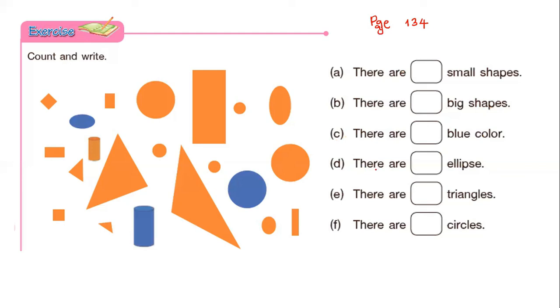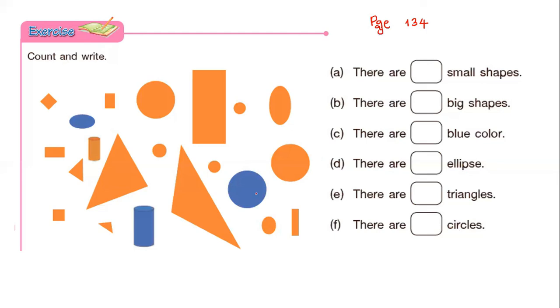D. There are ellipses. How many ellipses can you see? How many triangles can you see? How many circles can you see? Please count and write. So I believe this is okay for you. You just need to write the number of shapes that you can see.